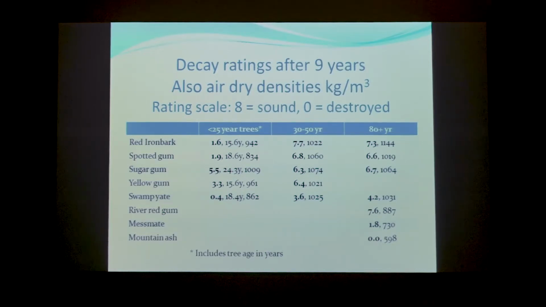So the younger trees, 15.6 years, had lower density and also lower decay resistance. Whereas when you get to sugar gum, which is the species where we couldn't really find much difference between the different age groups, they were actually the oldest trees in that set at 24 years of age. So there seems to be something important happening in regards to durability in the 15 to 25 year period.